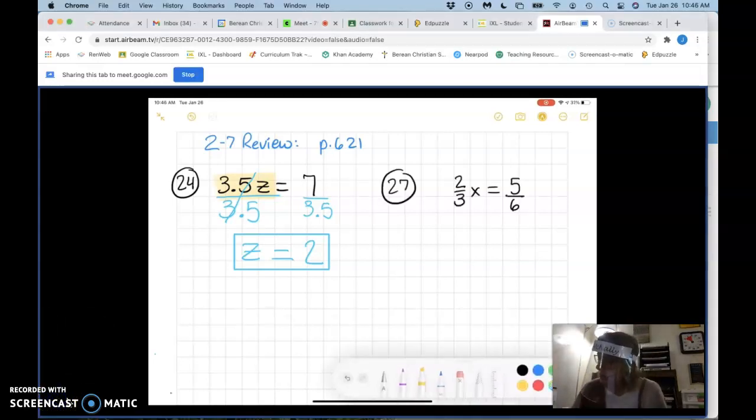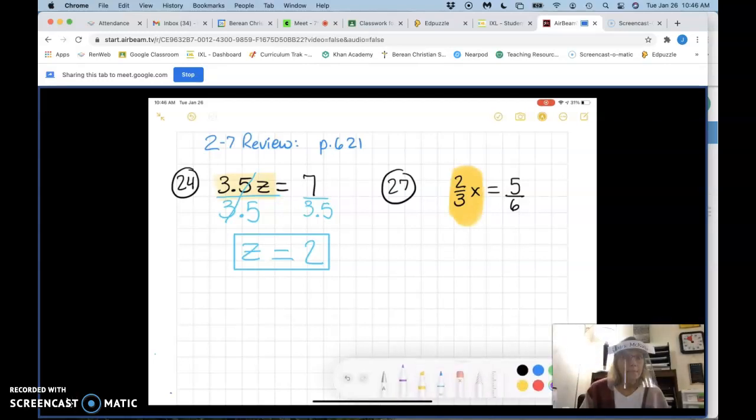Okay, so what is happening with this variable? It is over next to something. So it's being multiplied. Good job. That's correct. So we're going to do the opposite, which is divide.